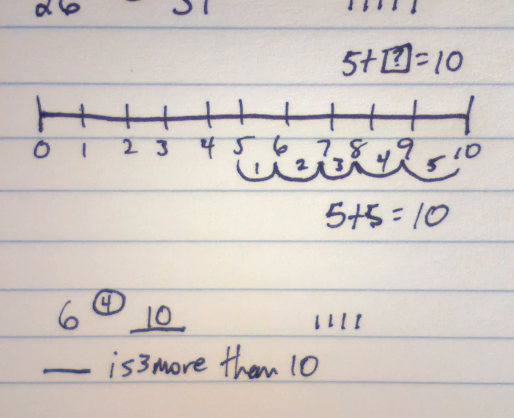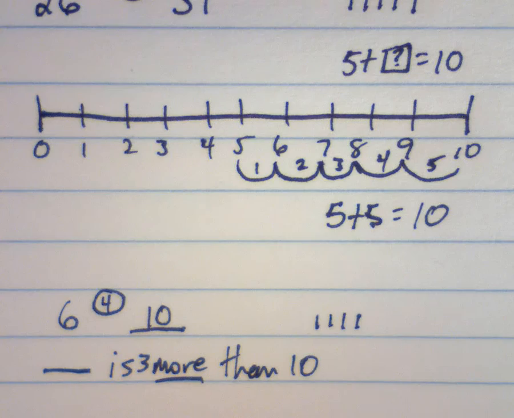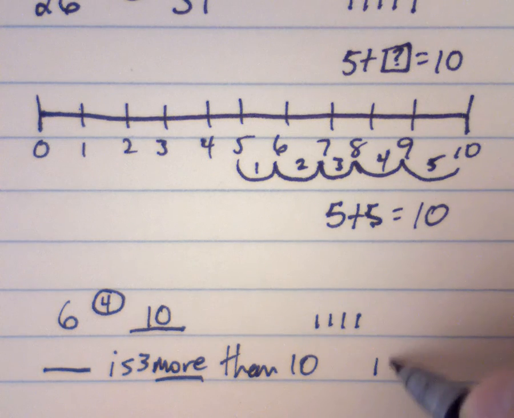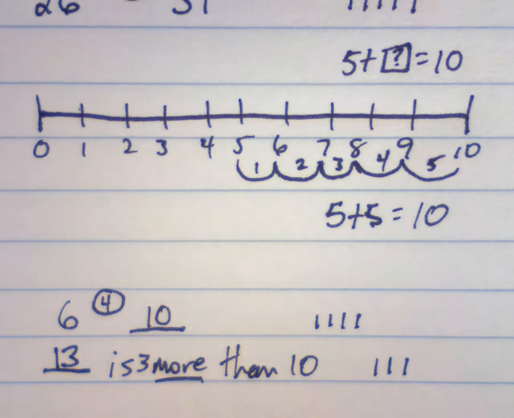What we need to do is come up with which number is 3 more than 10. Usually when you see that word more, that means that we are going to add. So 3 plus 10. So we got 10, 11, 12, 13. 13 is 3 more than 10.